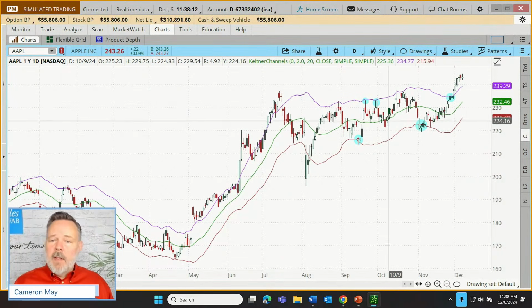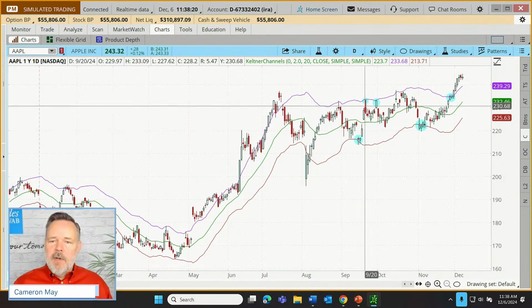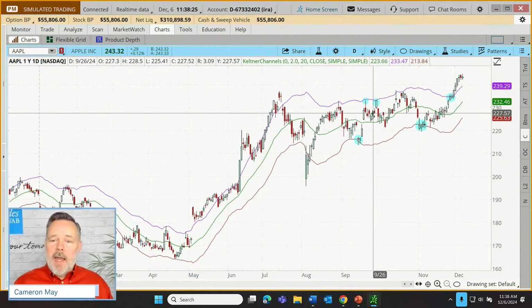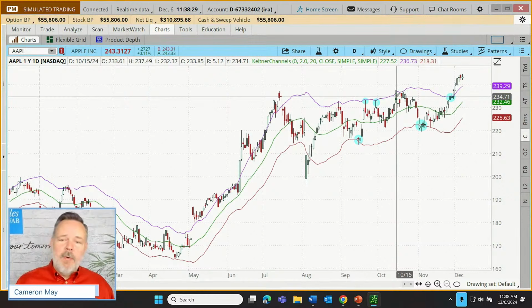Now, we might alternately be looking for bounces off our moving average. So if we took a bounce here, we might have looked at this measured move. We didn't get there. If we got a bounce here, we might actually be looking at this measured move, and we actually got that one.